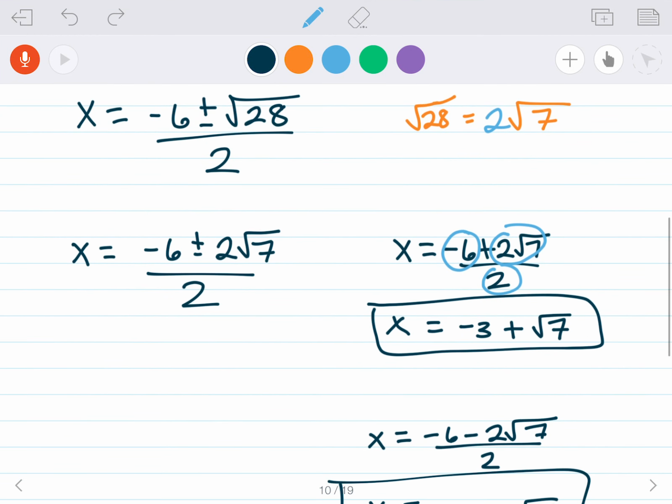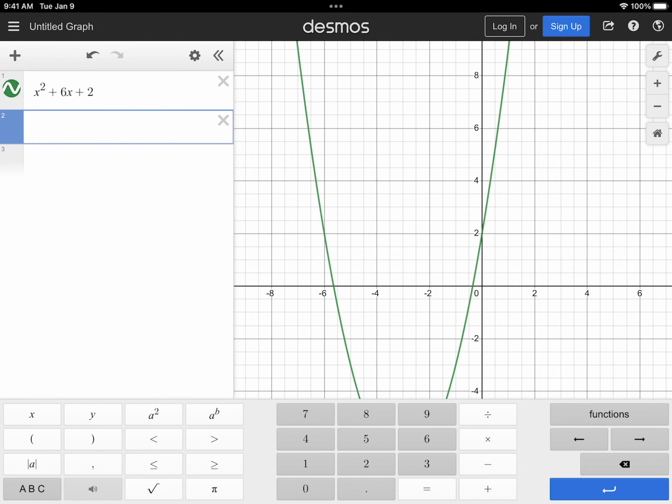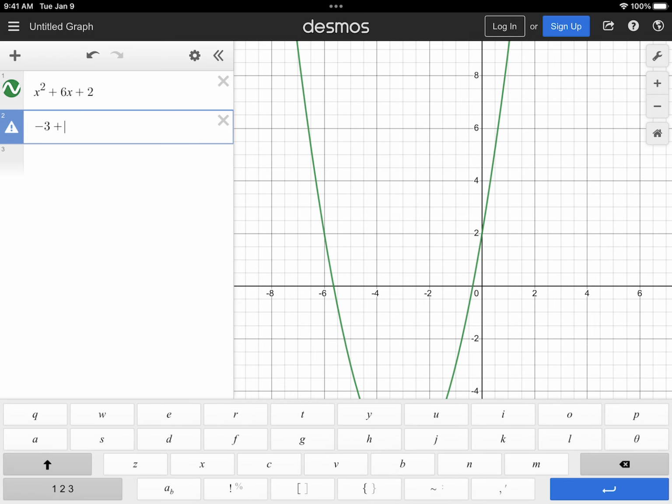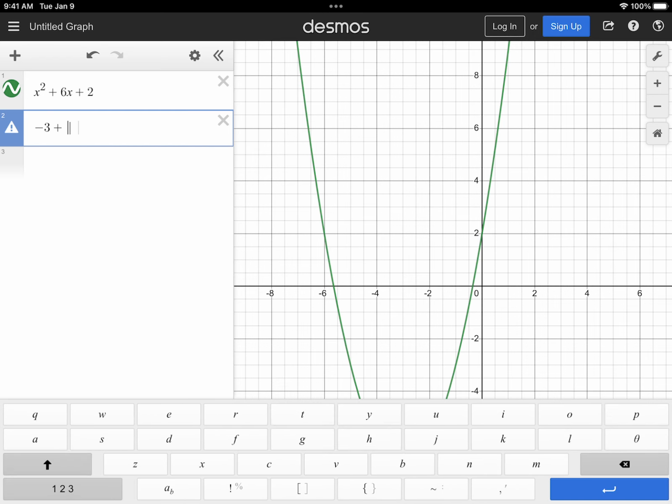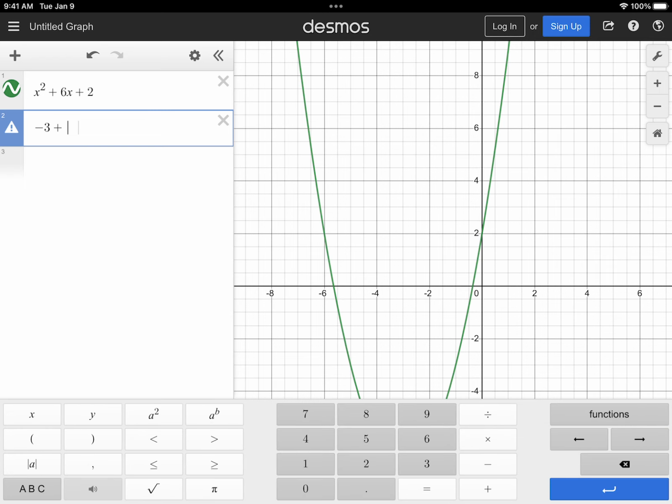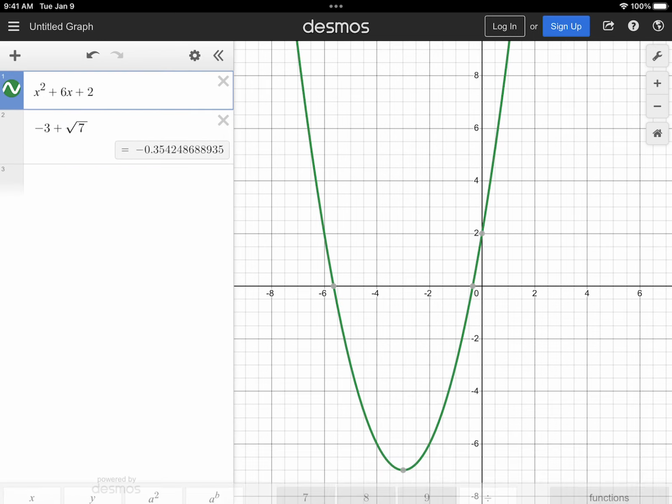Now, if I take the answers that I got, the first answer was negative 3 plus root 7. Let's put it in. Negative 3 plus the square root of 7 gives negative 0.35, which corresponds to the rightmost zero.